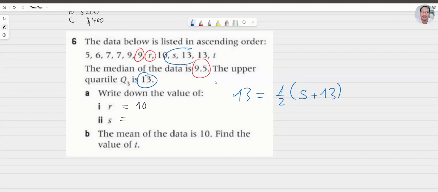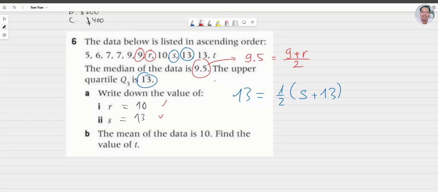Two values adding and then divide by 2. So S is also 13. The median 9.5 here is the sum of 9 and R divided by 2. S is 13, correct according to the mark scheme.